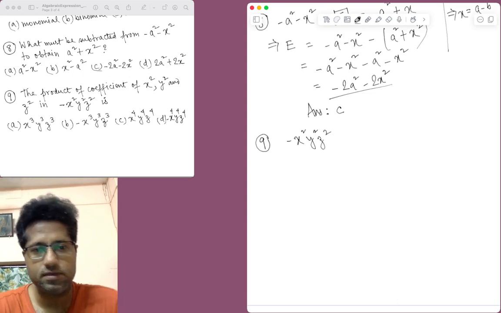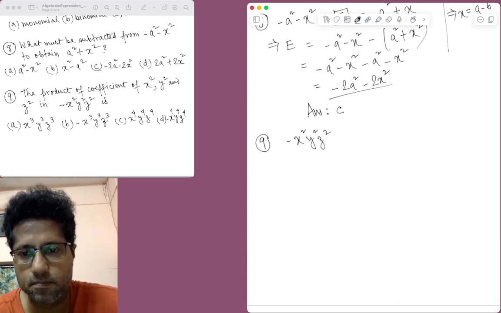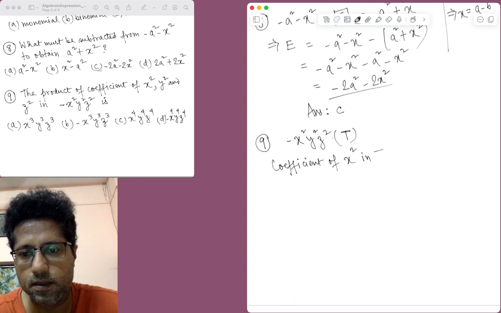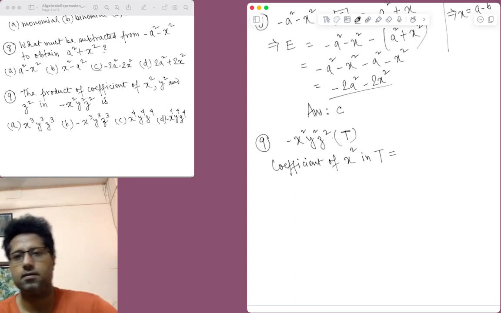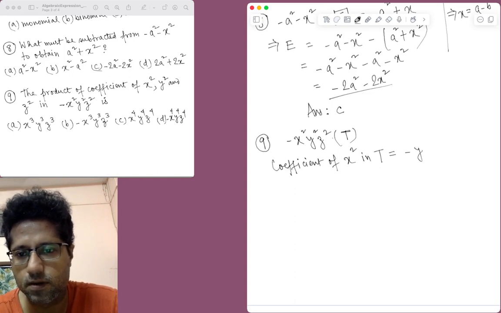So what is the coefficient of x square in this term? If I denote it as a term, let's say t, coefficient of x square in t equals whatever is remaining if you ignore x square, that is minus y square z square.